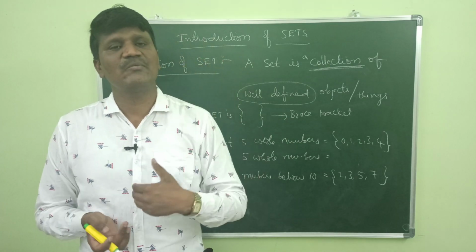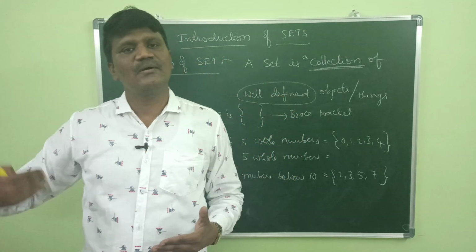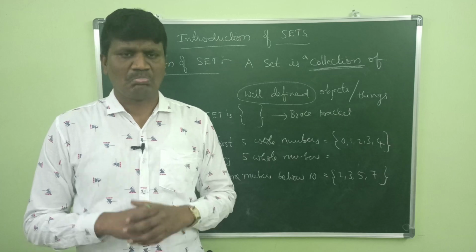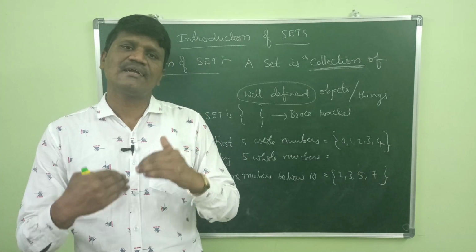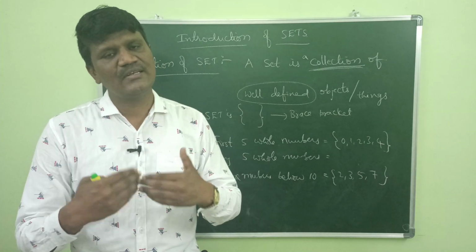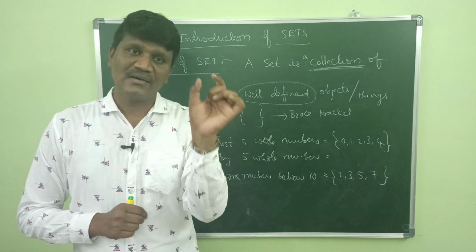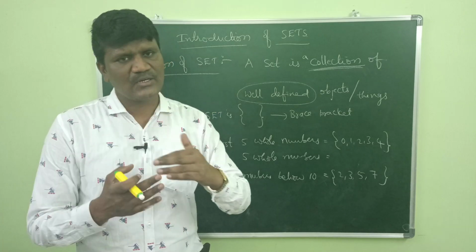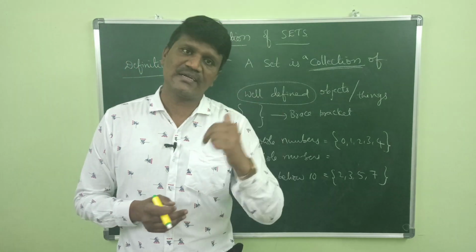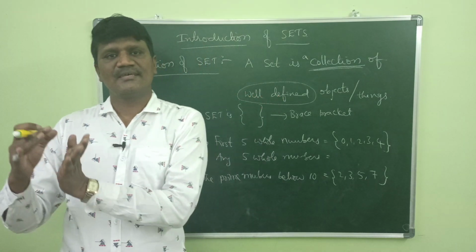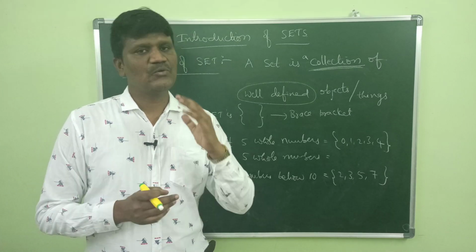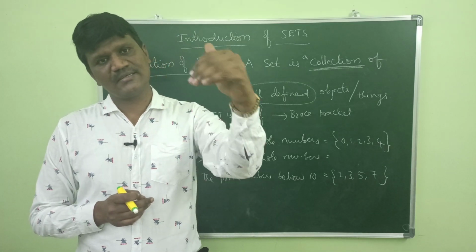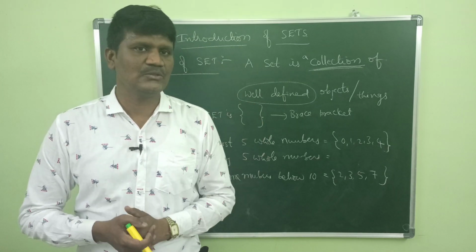Suppose the question asks whether the given ones are sets or not. How will we decide? Based on being well defined. In the textbook, in exercise 2.1, the first bit asks whether this is a set or not. Now you understand, you can easily do it.